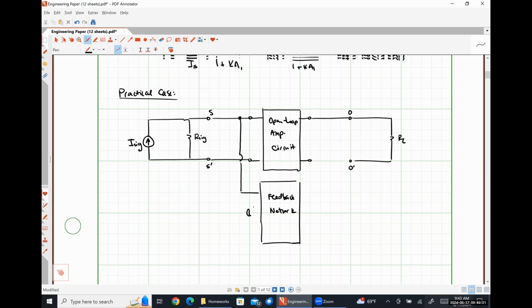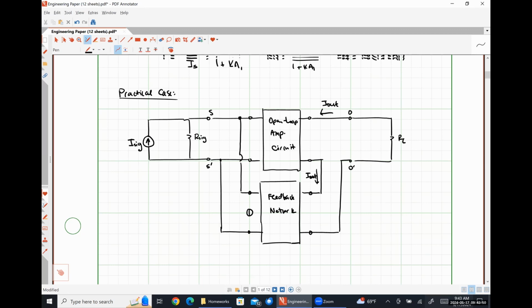Here's port 1. This side is connected in series. This is my current I out.